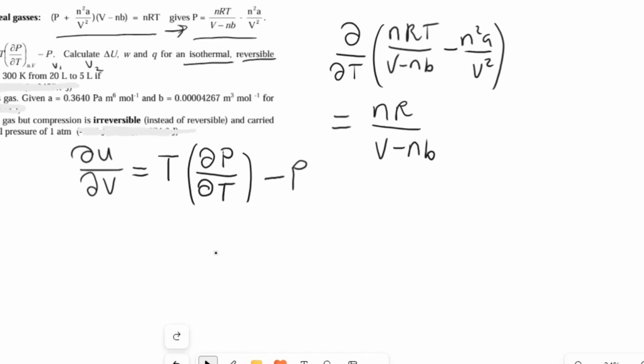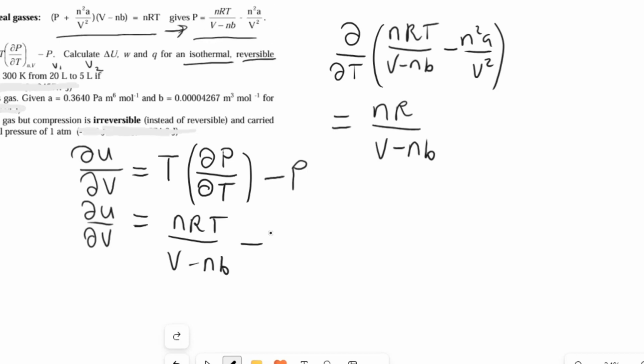And then what do we do after here? We can put this inside that bracket. That's our dP/dT. And then we can say now our dU/dV is the same as nR multiplied by T, which is nRT over V minus nb, and then we subtract P. What is P? P is still that one there on top in terms of volume.